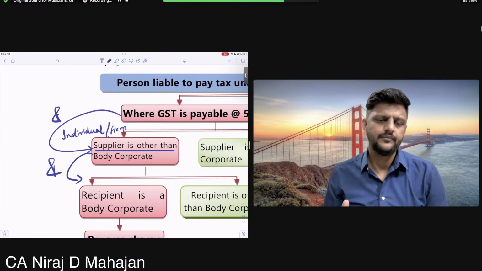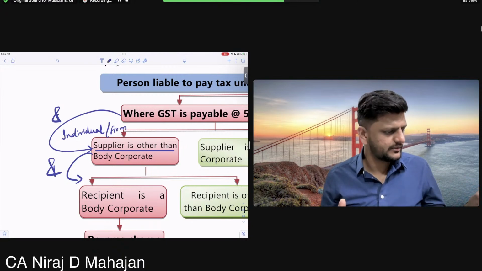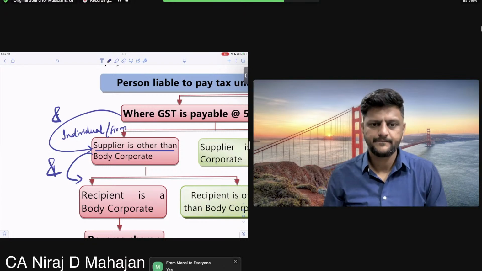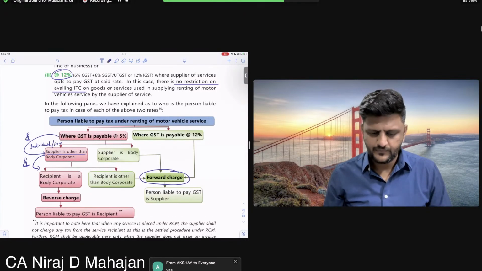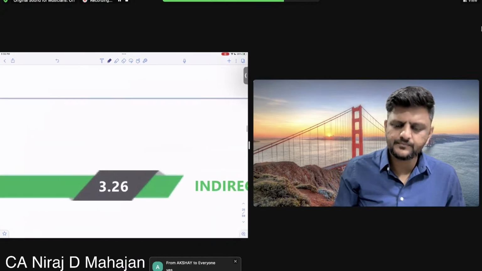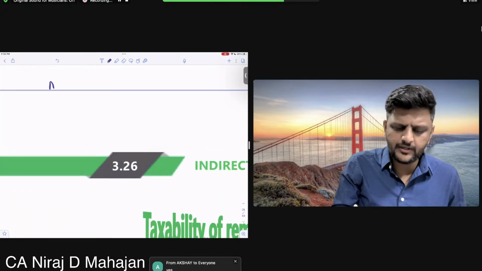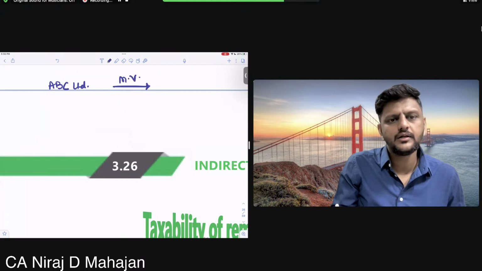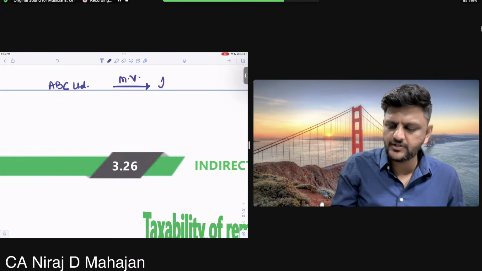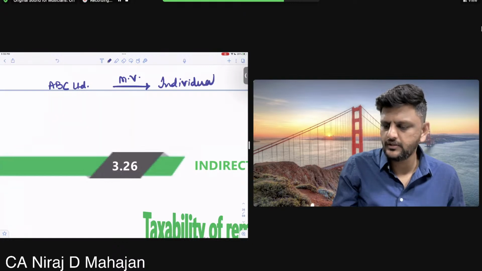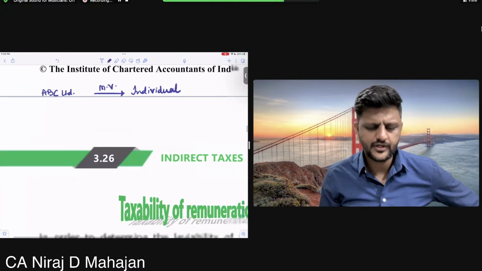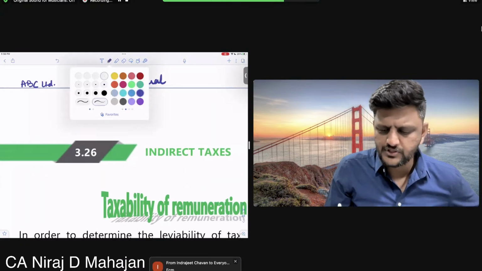Indrajit, Mansi, Khushbu, Nitin, Akshay, tell me all of you. Let me give you an example. If ABC Limited gives a motor vehicle to an individual, and again the cost of fuel is included in the consideration, forward charge or reverse charge?